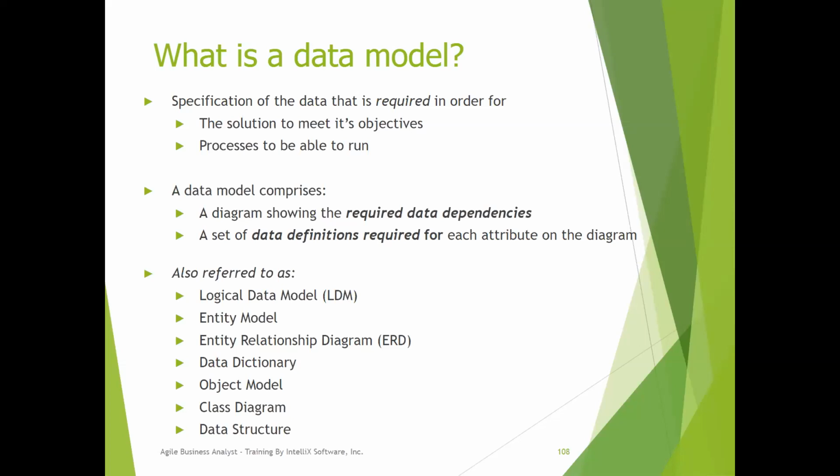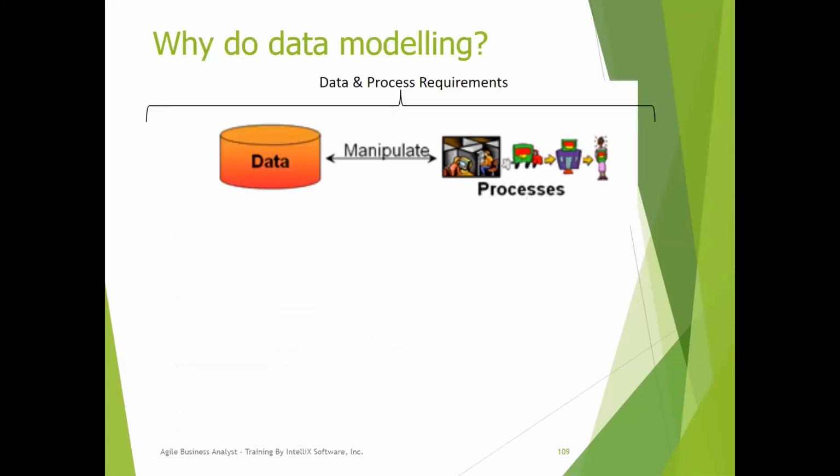A lot of times you will hear different words: entity relationship diagram, data dictionary, data structure, or object model. They are all one and the same. They are different forms of representing the data model.